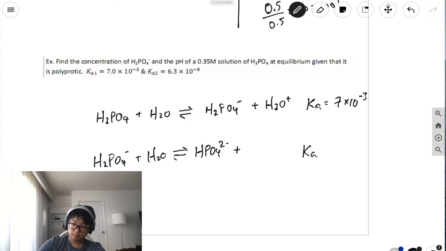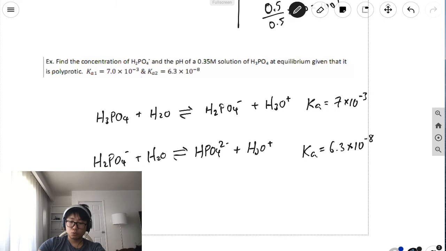And then plus H3O plus, because we're reacting with water again. Anytime with dissociation we're reacting with water, well, not always, because later we're going to see acids and bases that do not necessarily involve water. So the Ka of this is a bit lower: 6.3 times 10 to the negative 8. All right, so there we have it.